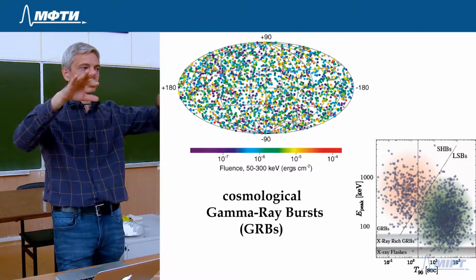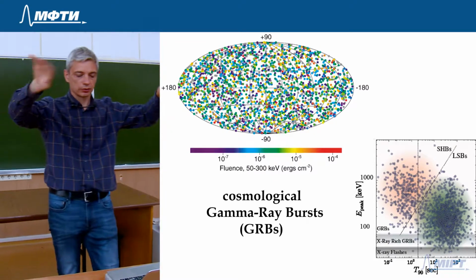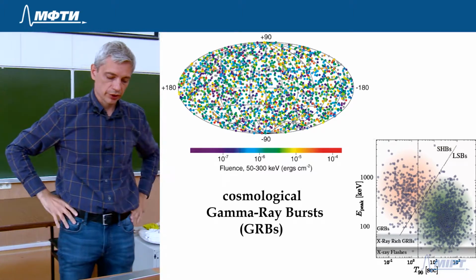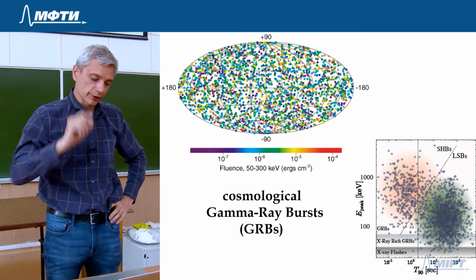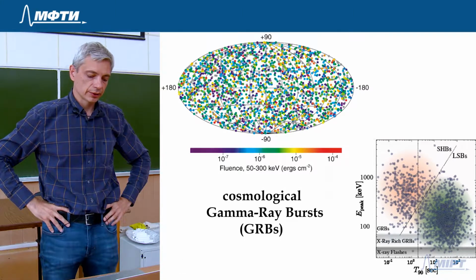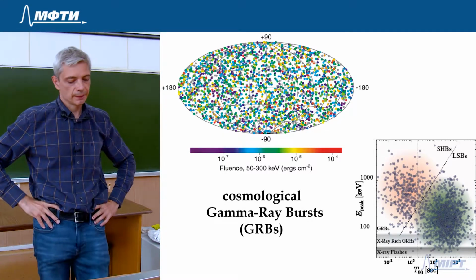You remove basically 10% of the burst, and the rest of the time window is the duration. And the vertical axis is the position of the spectral peak. As you can see, GRB spectra normally peak around 1 MeV, 1000 keV.